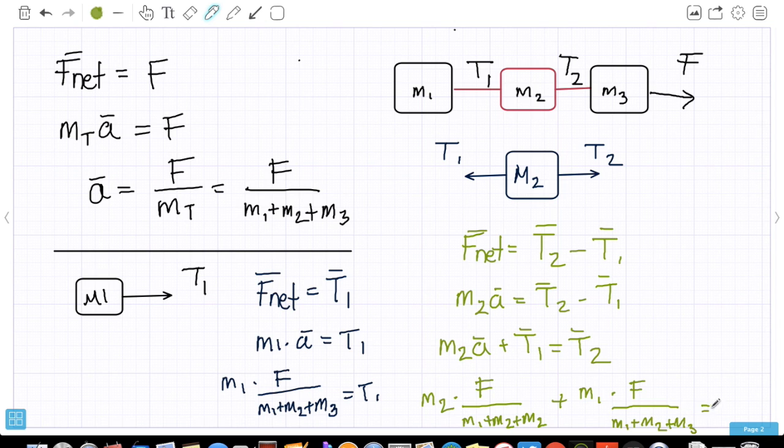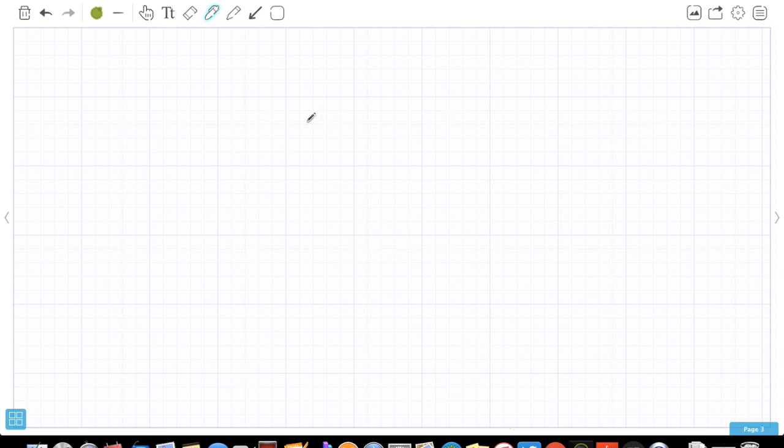That's equal to T2. Now if you factor this out and simplify a little bit, let's move this to the next page, you get T2 is equal to F times M1 plus M2 over all of the masses.